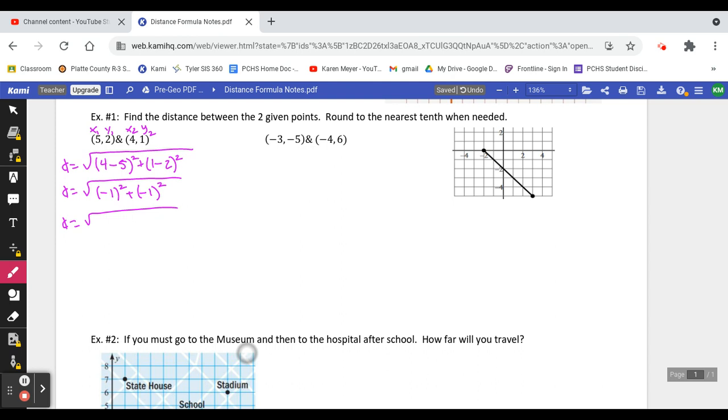So negative 1 squared is positive 1. So you would have 1 plus 1, which would give me the square root of 2. And now finally hit your square root button, and the square root of 2 would be a decimal that I'm going to round to the tenths as 1.4.